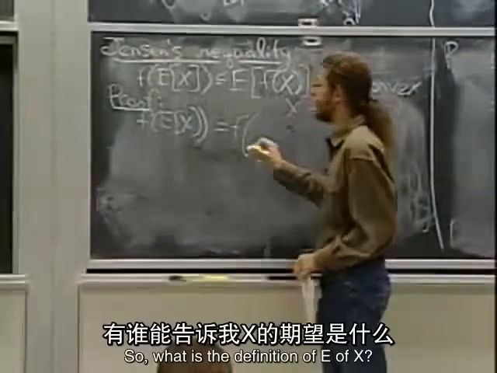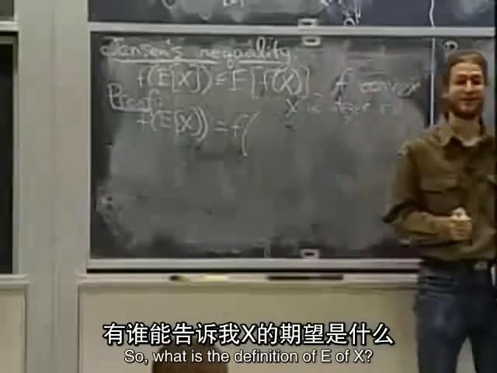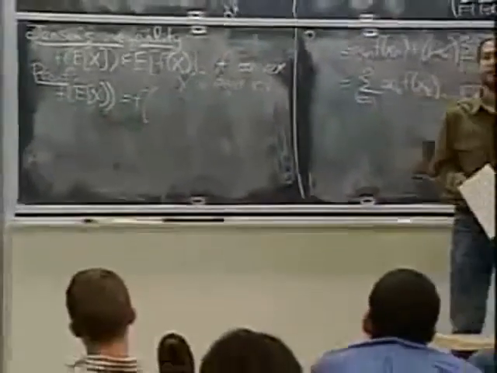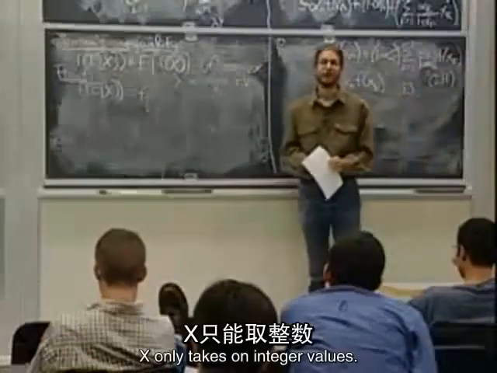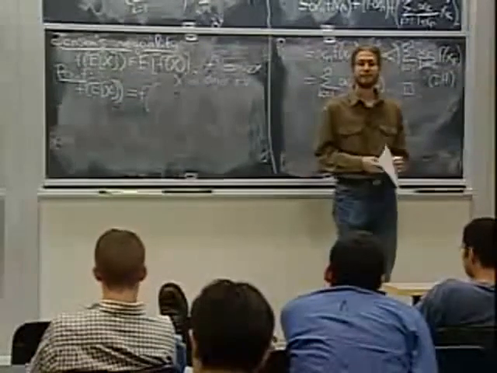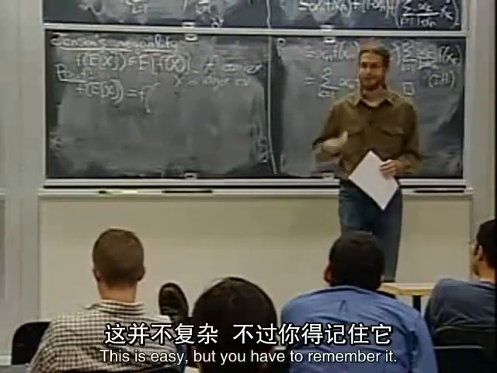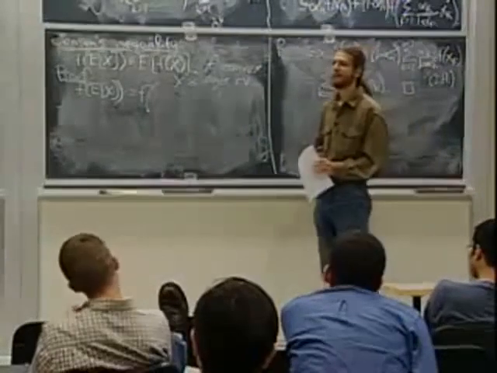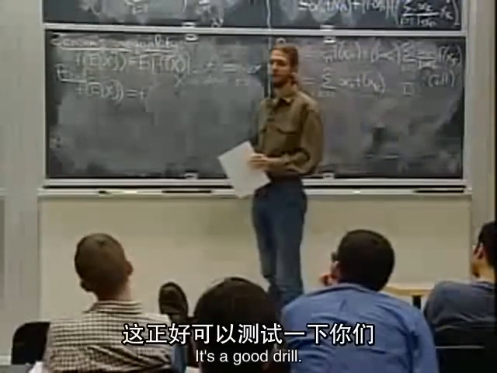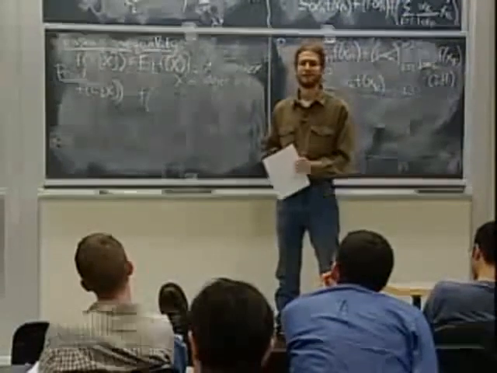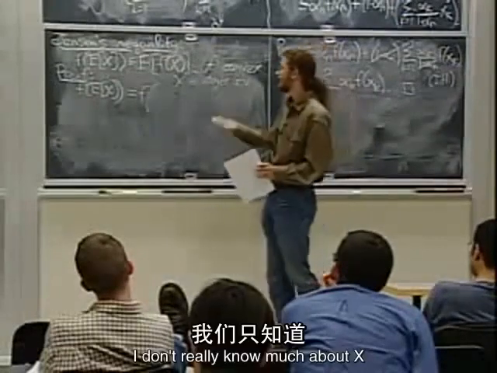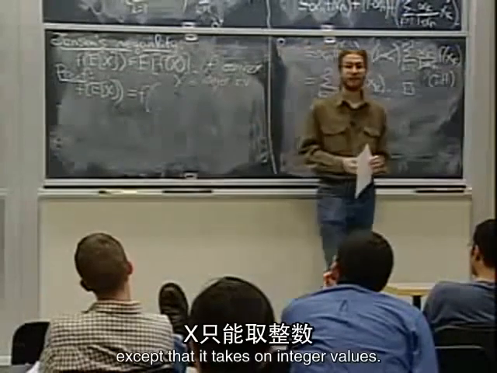So, what is the definition of e of x? X only takes on integer values. This is easy, but you have to remember it. Good drill. I don't really know much about x except that it takes on integer values.